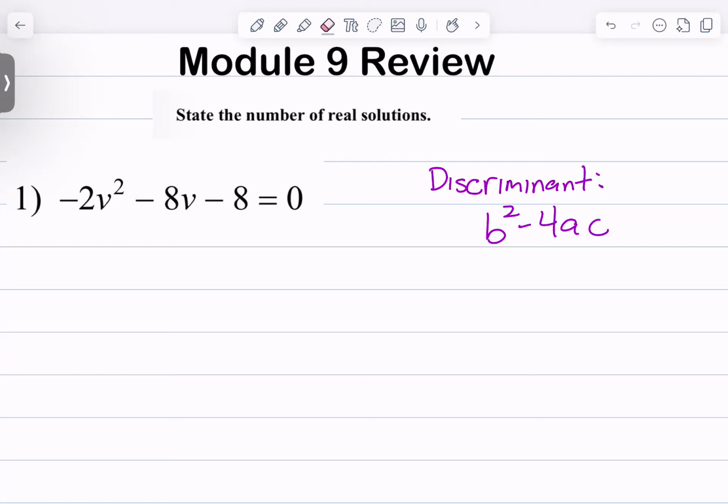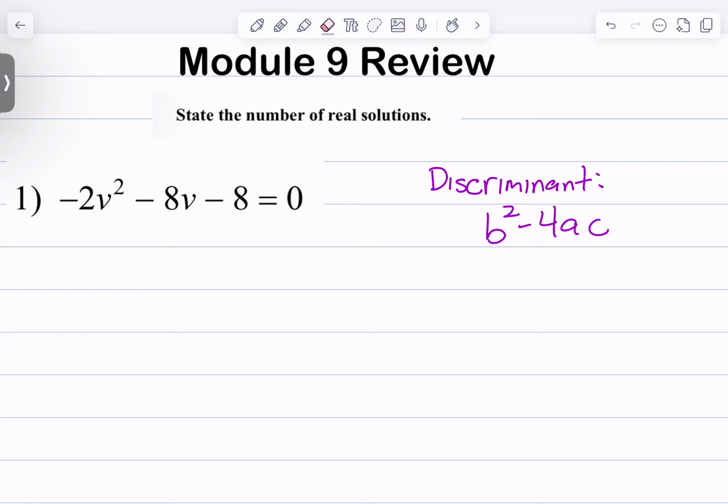Just as a refresher, if your discriminant is greater than 0, you have 2. If it's less than 0, you have 0. And if it's equal to 0, you have 1. Okay, so we're just figuring out the number of your discriminant, and based off of that, it will tell us how many real solutions I have.